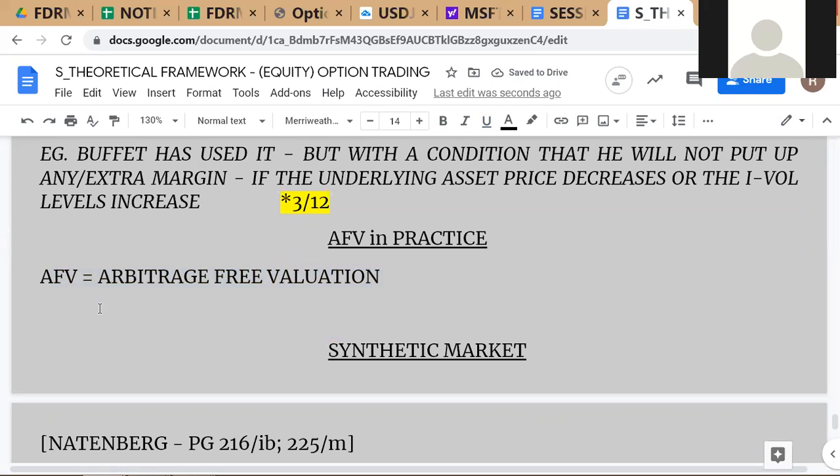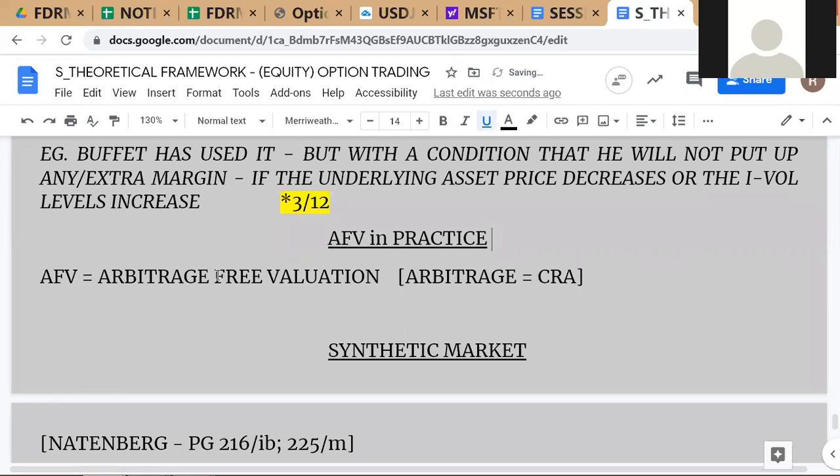And here arbitrage means what we have referred to as CRA. CRA means classical riskless arbitrage.